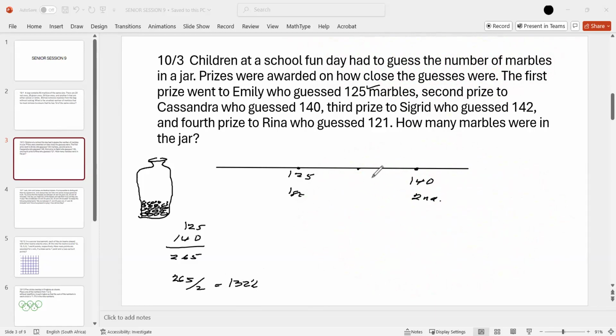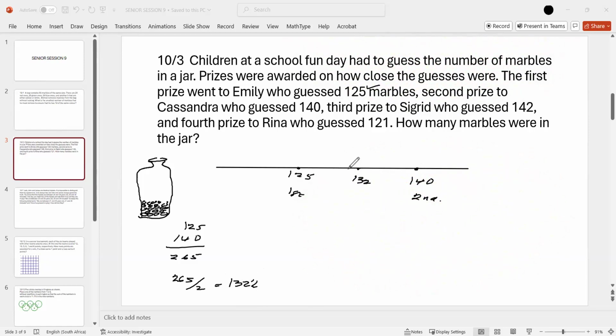All right, so let's take 132, because you want it to be closer to Emily. If the correct answer was 132, then this is 8 away and this is 7 away. So 132 is a possibility.